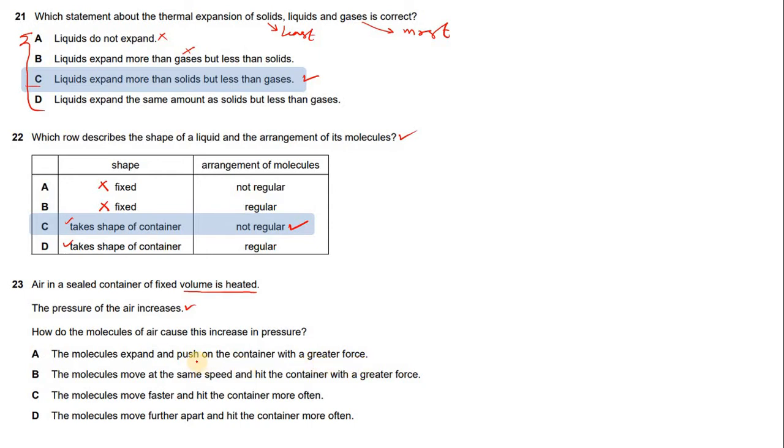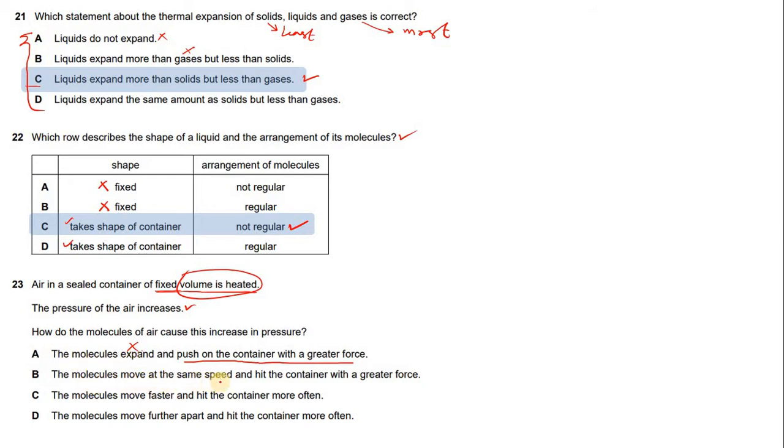So half of the statement is correct. The molecules are pushing with greater force, but because of the fixed volume, molecules do not expand. The distance between molecules remains the same because the volume is not changing. So, molecules expand? No, this is wrong.